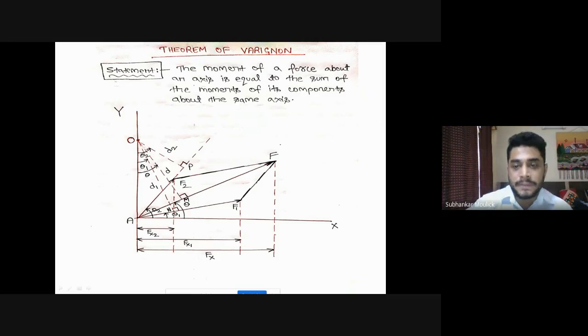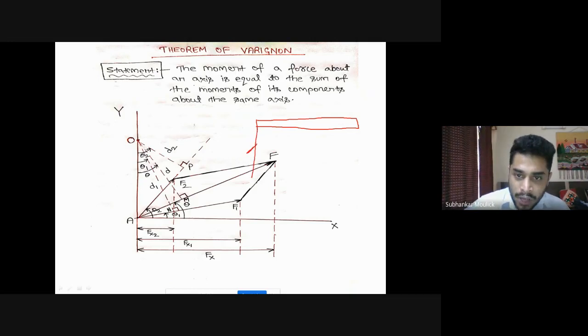According to this statement, if in a body more than one force is acting, assume that this is a body. At one end of this body, force F1 is acting. At the other end of the body, force F2 is acting.